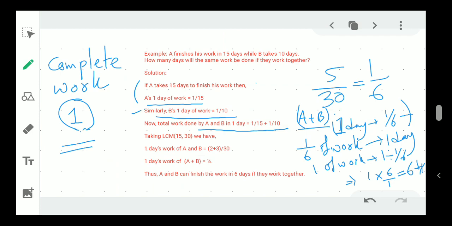Like in the kind of math where I told you that when you have two men working, you have to find out for each man how much they can do in one day. Then you have to add them to find out how much time will be needed if they work together.